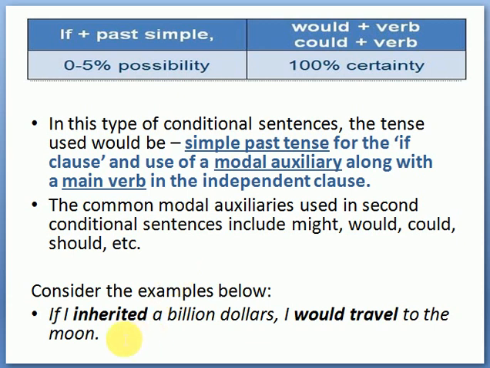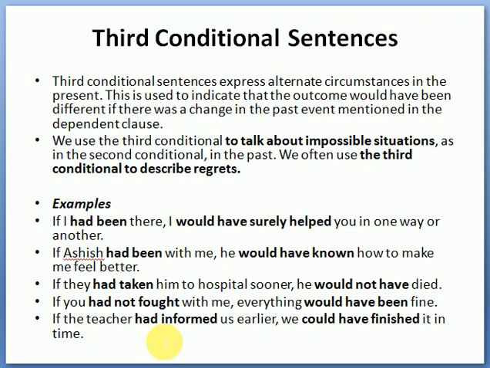There is another example. If I inherited $1 billion, I would travel to the moon. The second conditional talks about situations which are not likely to happen or which are impossible. So I hope that is clear.